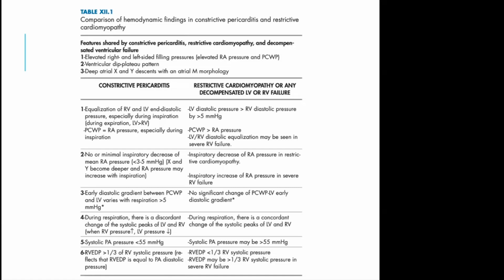And then when we look at the ratio of the right ventricular end diastolic pressure to the right ventricular systolic pressure, it's usually more than 1/3 in constrictive pericarditis, where it's less than 1/3 in restrictive cardiomyopathy. And again, the more severe your right ventricular failure is, it can occasionally reach more than 1/3, but it's usually in the more extreme cases.